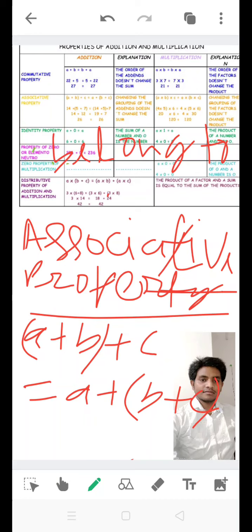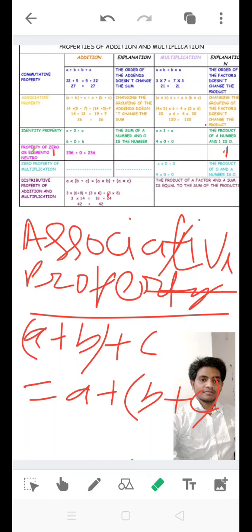We have three numbers, a plus b within the bracket and c outside the bracket. This equals a outside the bracket and b plus c within the bracket. What is an example?